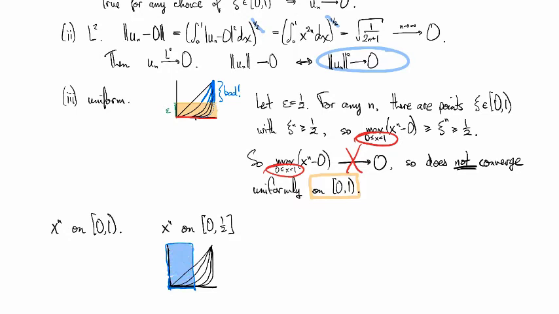I'm just looking at the interval from 0 to 1/2 right now. And now look at what happens. The maximum value of xn minus 0, so the maximum coordinate difference, happens right here at the right endpoint. In other words, the furthest that this purple line gets from this green line down here occurs at the right endpoint of the interval, and the furthest that this orange curve gets from the green line occurs right here.